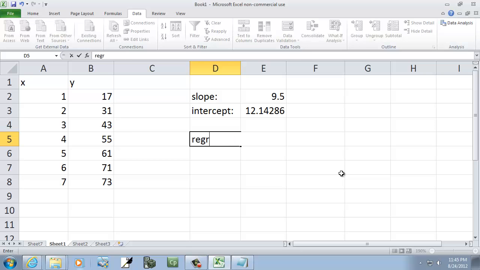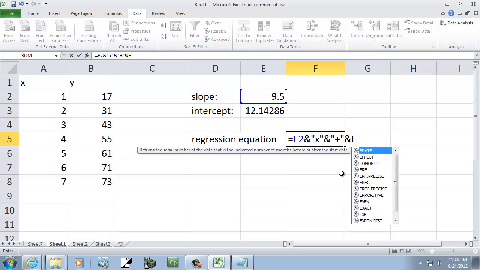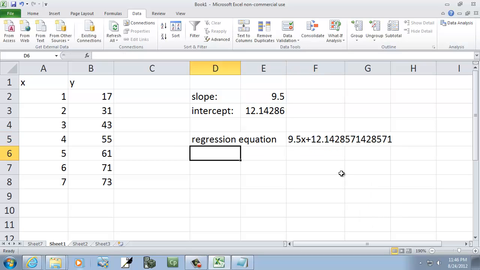Regression equation. Let's see if I can remember how to do it. Equals, and we're going to do the slope, and x, and this is where it kind of gets tricky, I think, plus, and then E3.